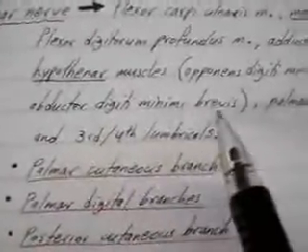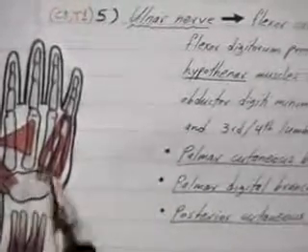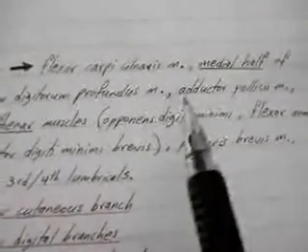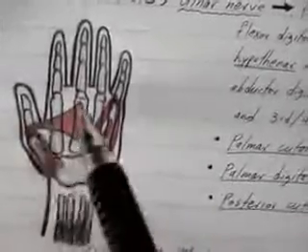Opponens digiti minimi, flexor, and abductor digiti minimi brevis. The ulnar nerve also innervates the palmaris brevis, which I have not shown here. Palmaris brevis would be in this area here, and also the adductor pollicis. This muscle here is the adductor pollicis, adducts the thumb.